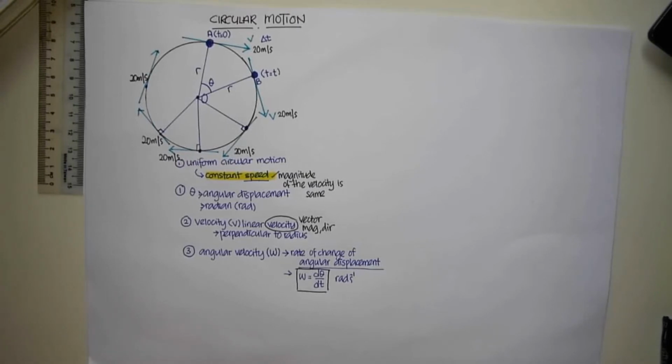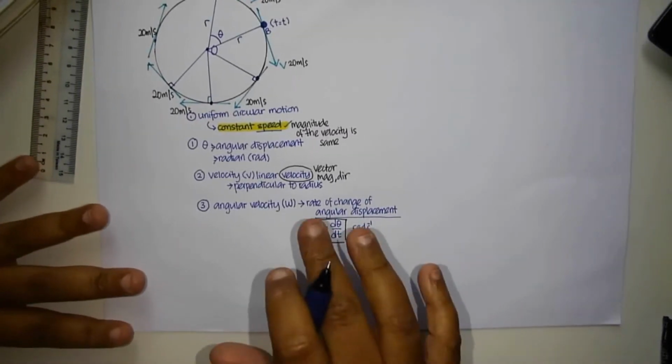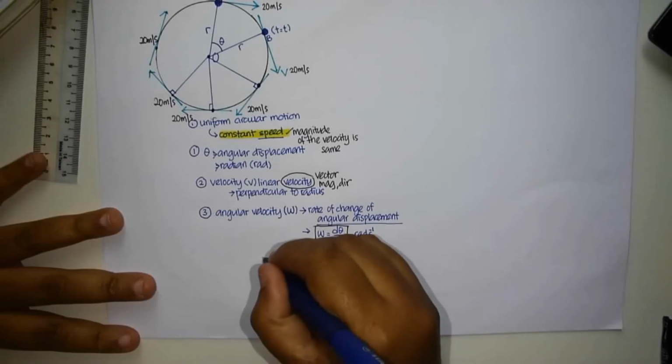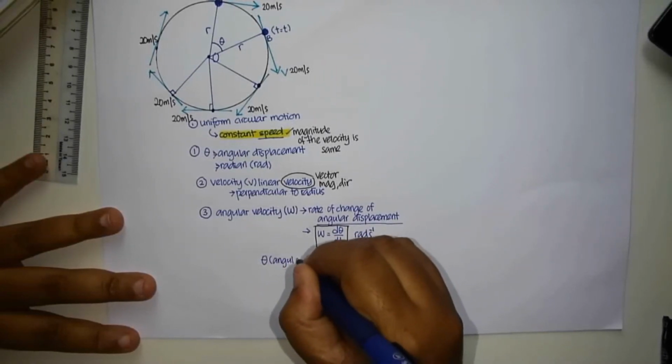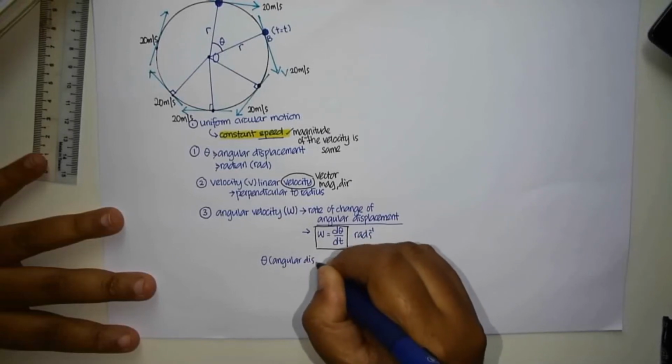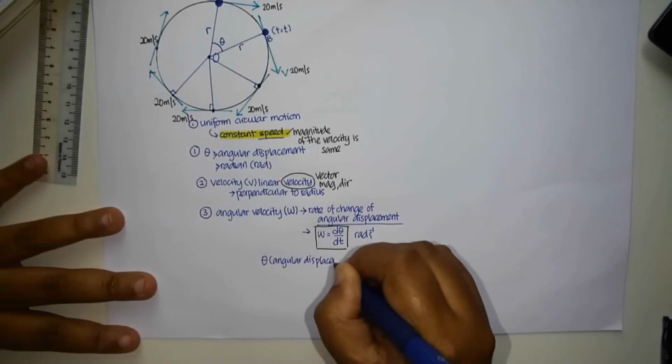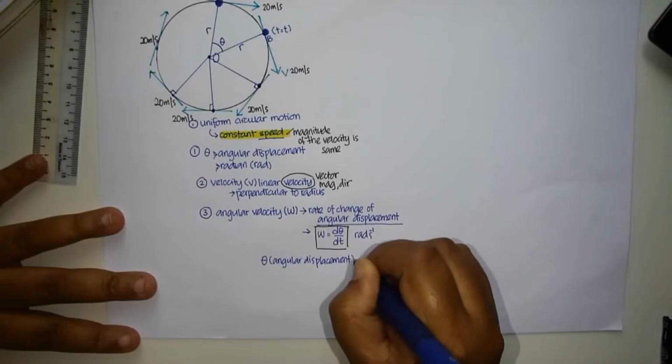I'm going to explain that now. Let's look at theta. Theta is angular displacement.